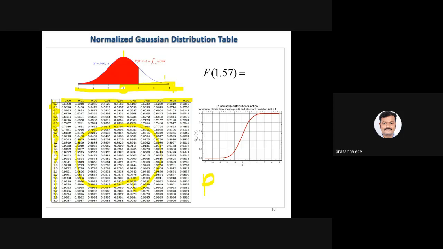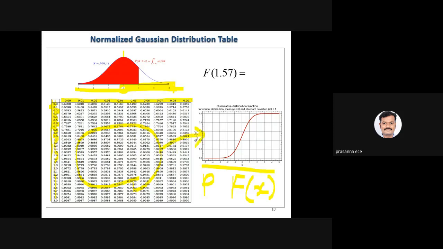On the right side you are observing a curve. What does that curve signify? The curve shows capital F of x. It is the plot of capital F of x, where all the numerical values are plotted.